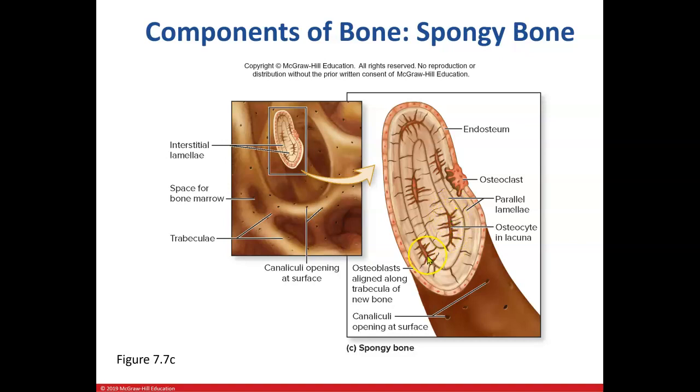But where we find the osteoblasts and the osteoclasts are actually inside this membrane, the endosteum. So the blast and clast cells are in the membranes, whereas the osteocytes are located in the lacuna.